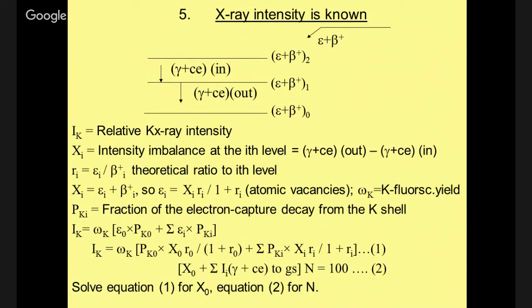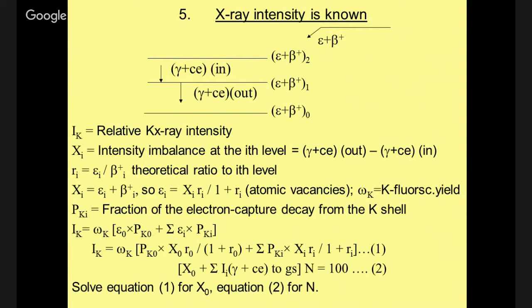The fluorescence yield times pK0 is the fraction of the decay that goes to the K shell, from the ground state level. The sum of this should be equal to the intensity of the K X-rays. So you determine the feeding to the ground state.